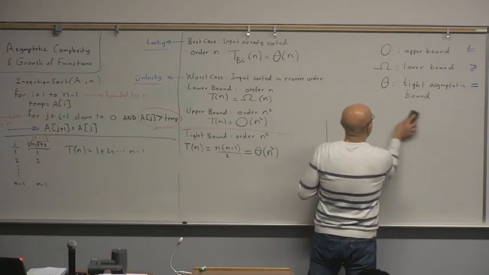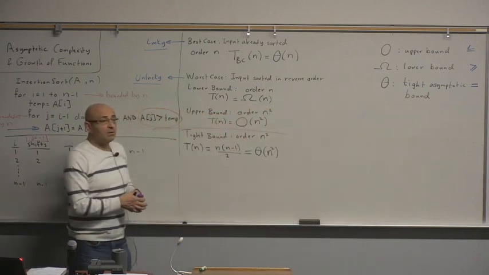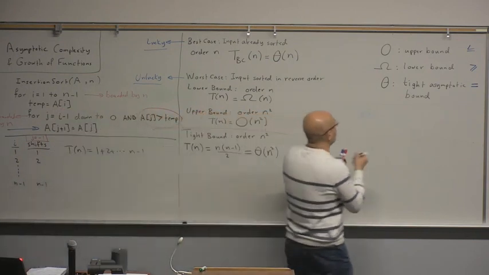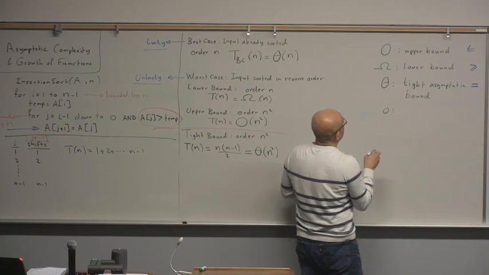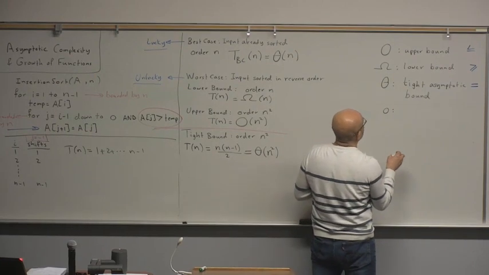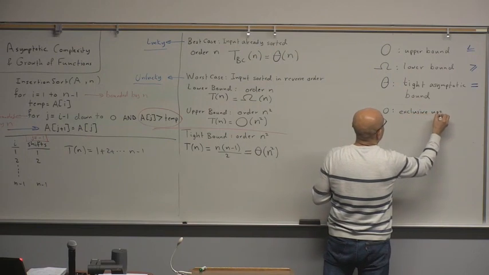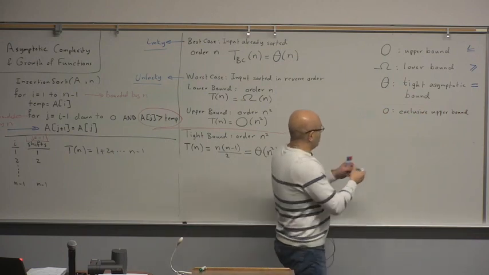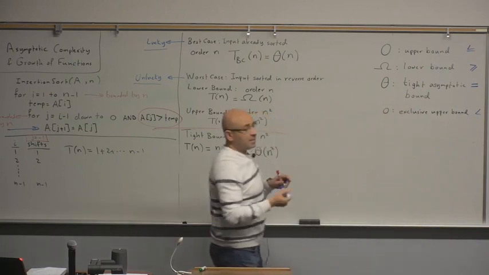Okay. So in addition to big O, big omega, and big theta, we have the small o, which is an upper bound, but an exclusive upper bound. So it's equivalent to less than. By the way, this is just an equivalence.